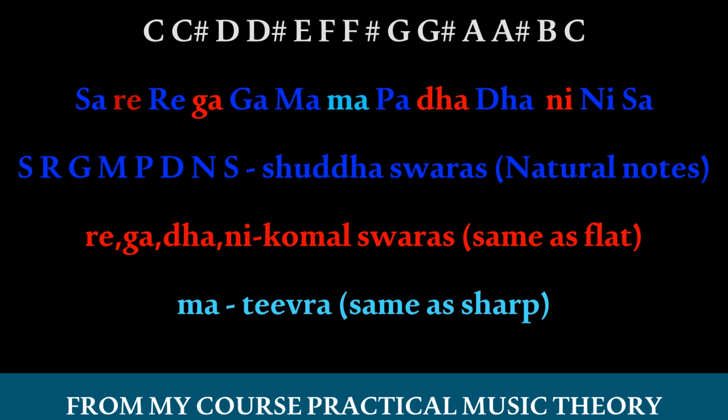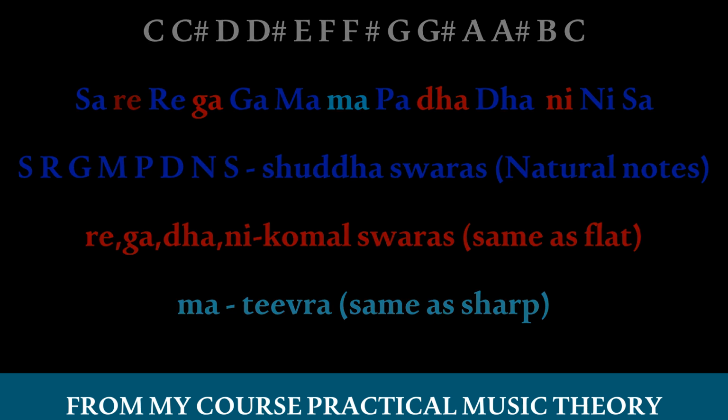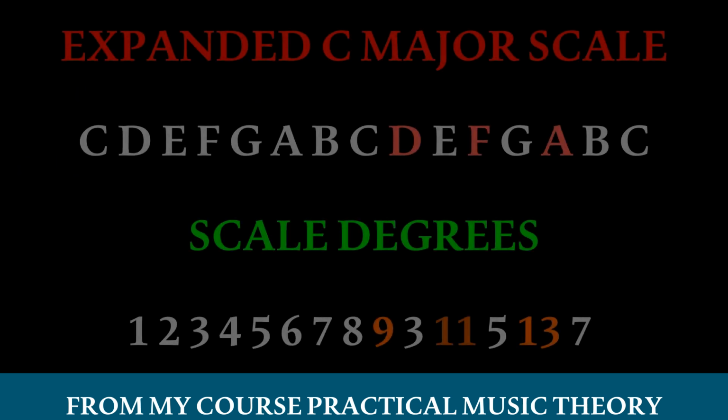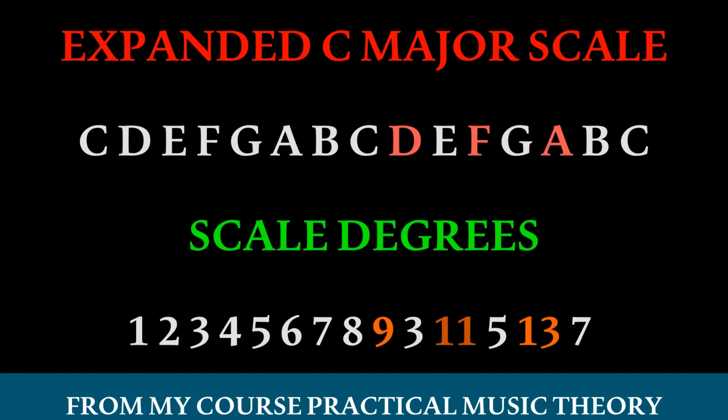Similarly, Komal Ga, Komal Dha and Komal Ni are the Komal Swaras and these are the same as flat, whereas the note between the Ma and the Pa is also known as the Ma Tivra, which is equivalent to sharp in the Western system. So this was just a brief idea about the Indian system, as this is also a very easy way to learn the intervals. So now let us come back to the C major scale.